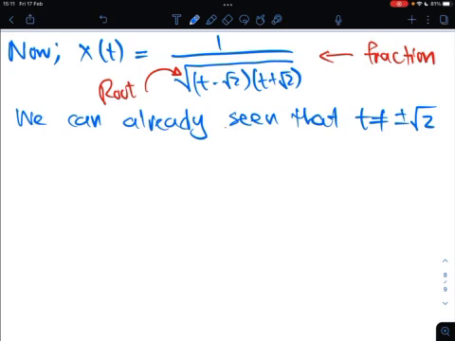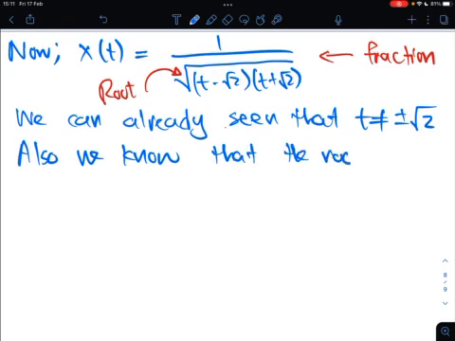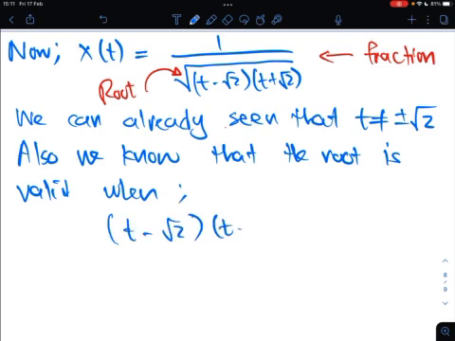The next thing we have to establish is that there is a root sign. So when is the root valid? We know that the root is only valid when (t minus root 2)(t plus root 2) is greater than or equal to 0.